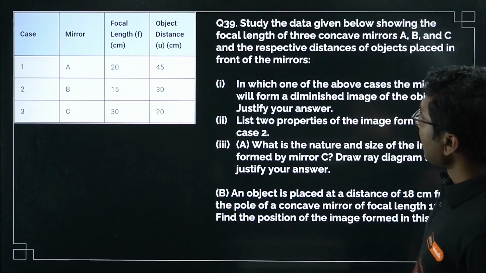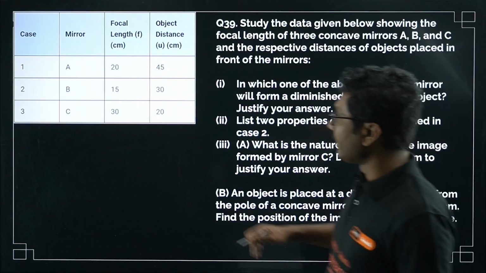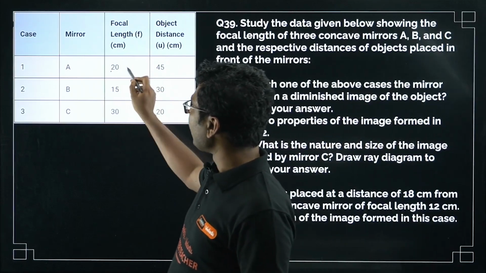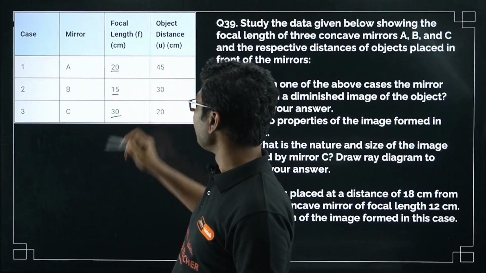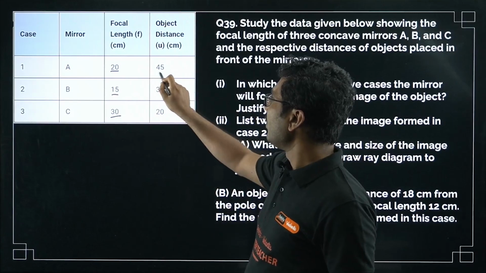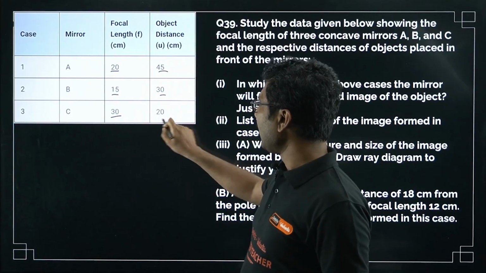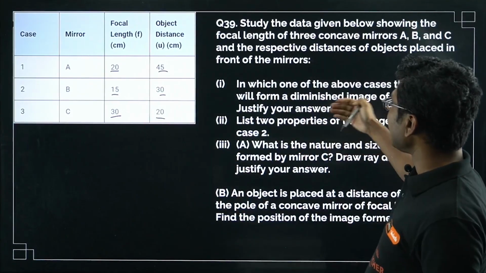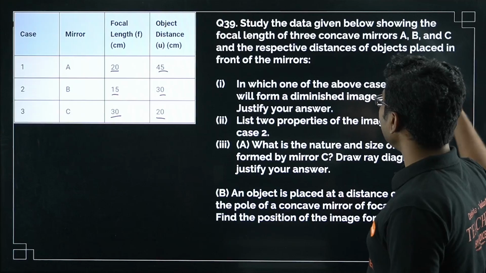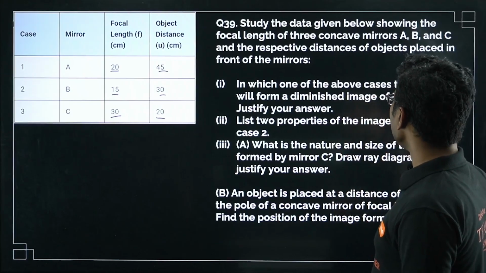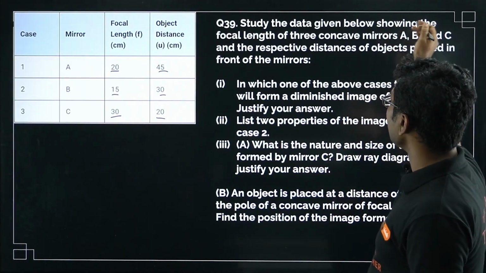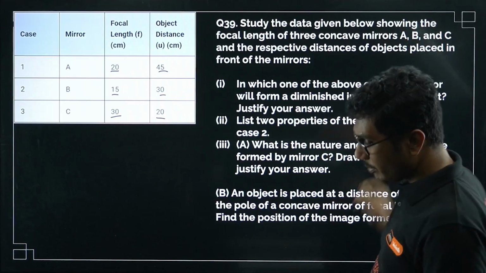So first of all, focal length is given: 20, 15 and 30. Object distance is given: 45, 30 and 20. So they are asking in which of the above cases the mirror will form a diminished image of the object. Also remember that we are talking about a concave mirror.